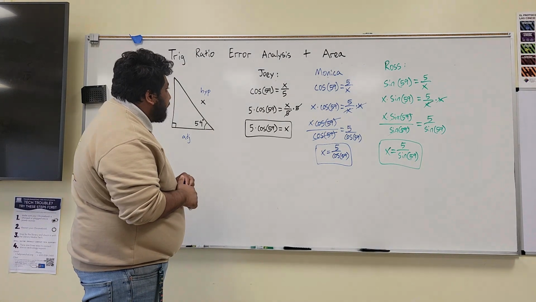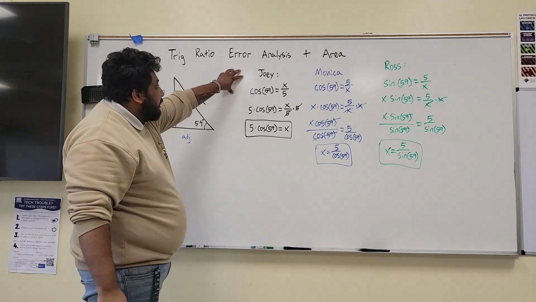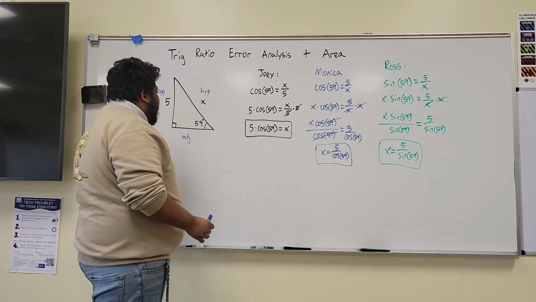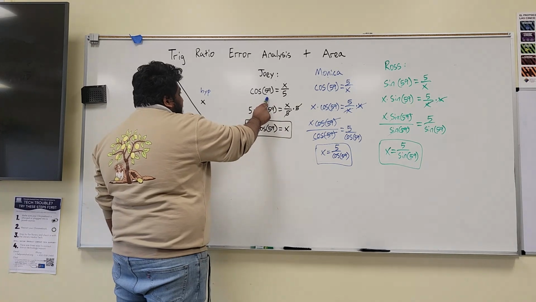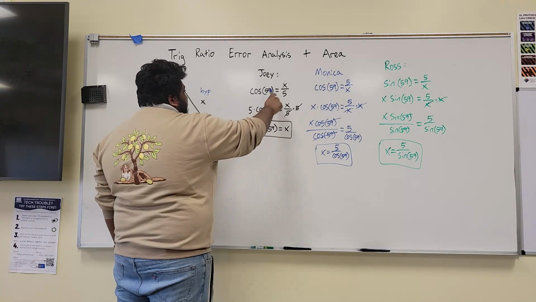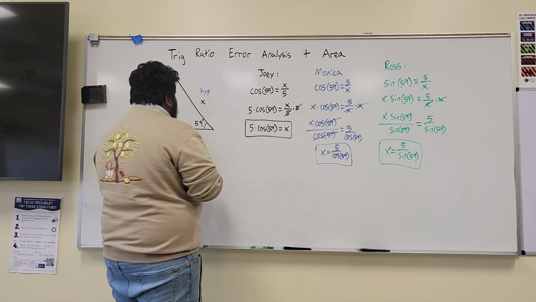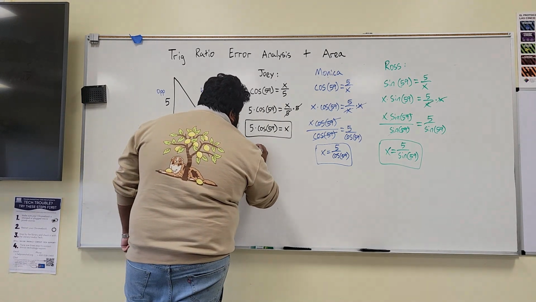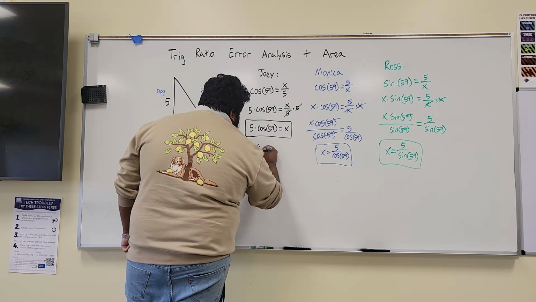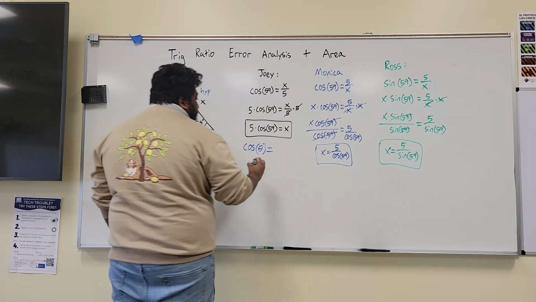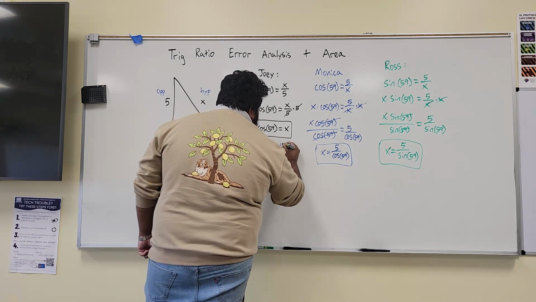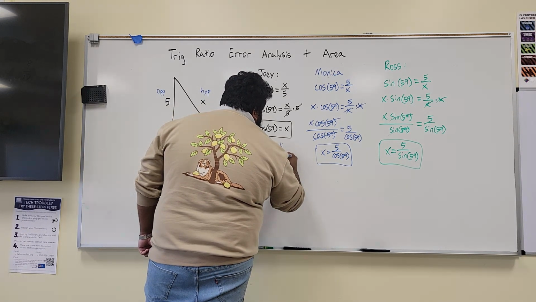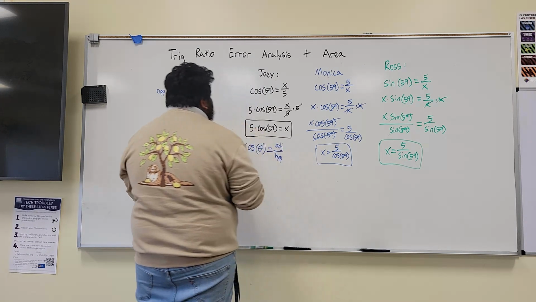Let's go through Joey's. Joey sets up his equation as cosine of 59 is equal to x over 5. As a reminder, cosine of some reference angle, we'll call theta, is always going to be equal to the adjacent side over the hypotenuse. So that's our ratio that we're working with.